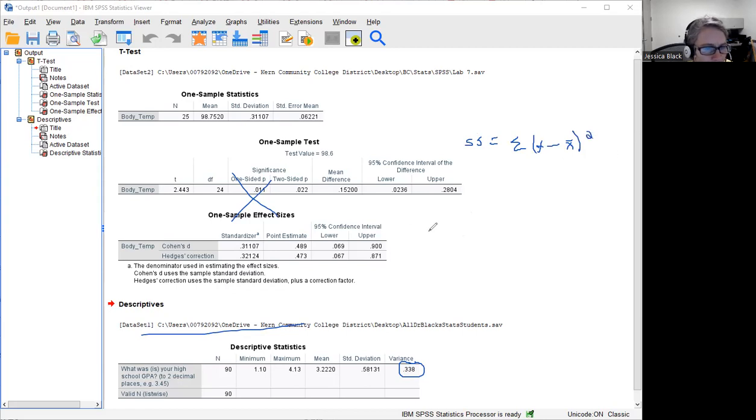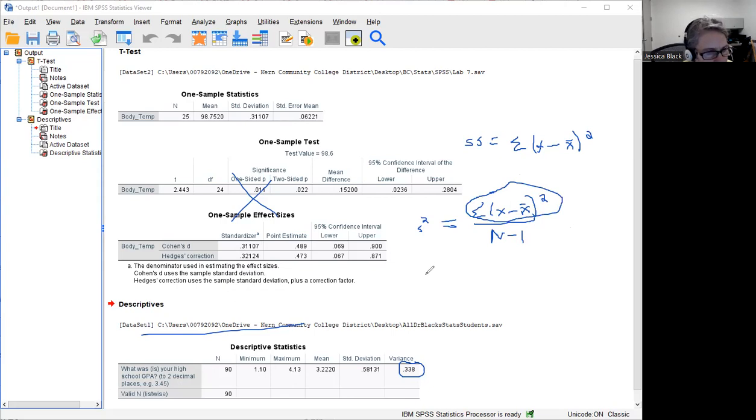Now, we know that the variance, this is the estimated population variance, equals the sums of squares divided by n minus 1. So we want to solve for that value there.